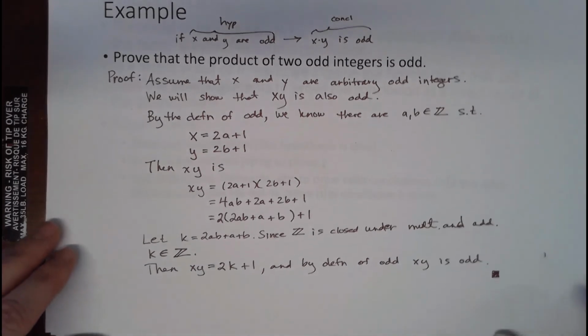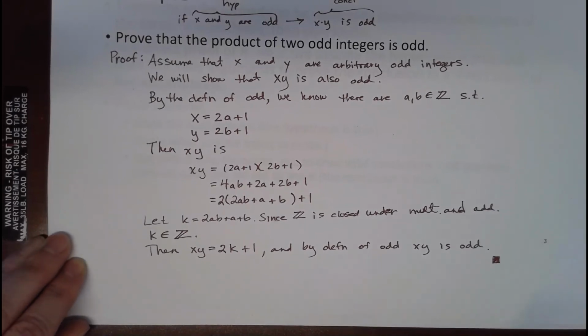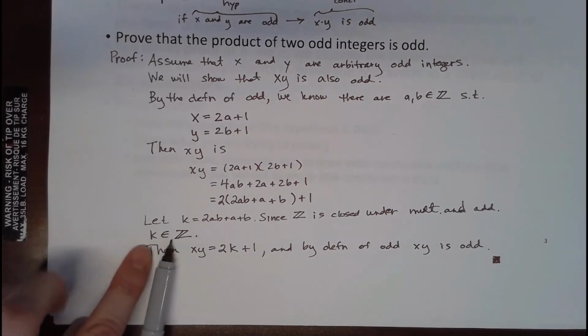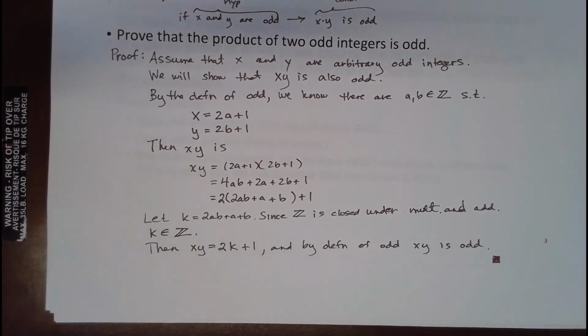Yes? Do we have to prove that k was an integer? Because in the odd definition, it's only true when k is an integer. Yeah, so k, we did right here. That's why we had to, because the definition says x is odd if there exists an integer k such that x equals 2k plus 1.